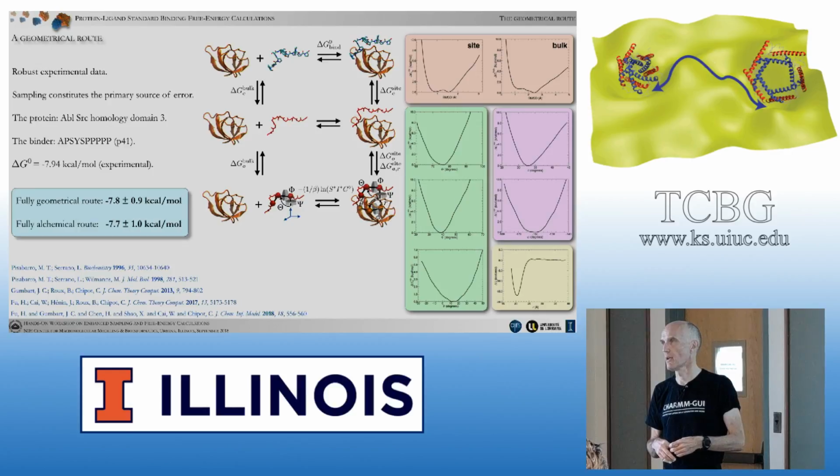So it's not bad. Today, it's pretty cheap actually. You use GPUs, not for FEP because it's not yet available in MD, but for the geometric route, you can use GPUs. It's pretty cheap.